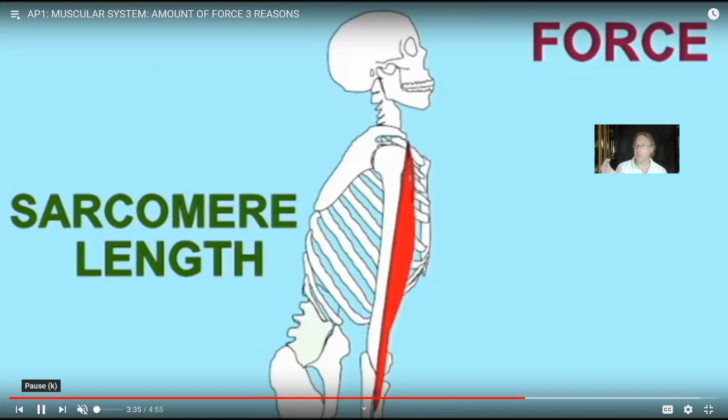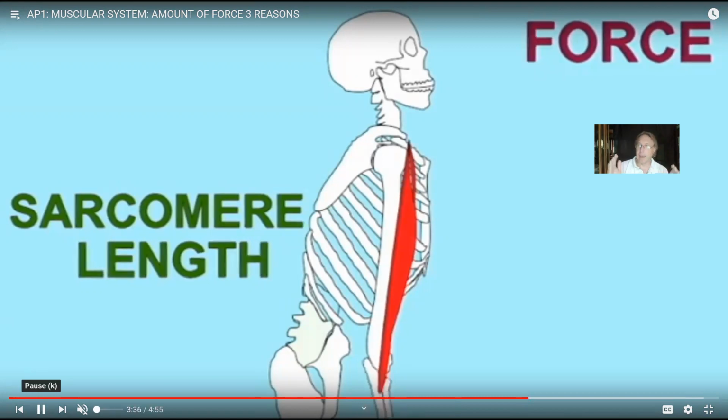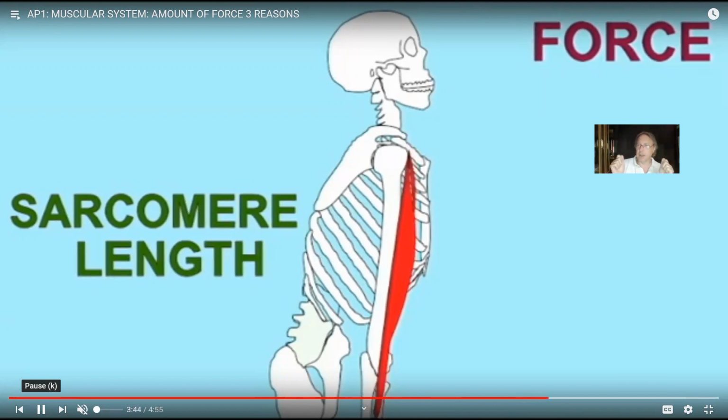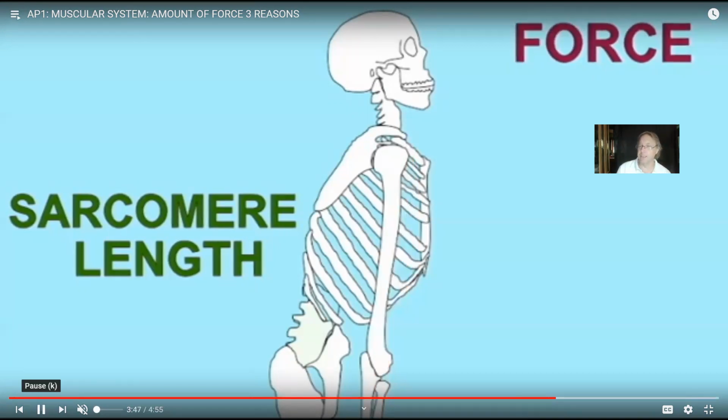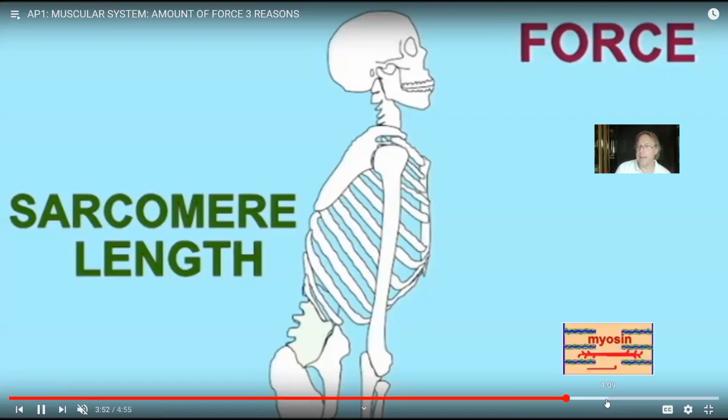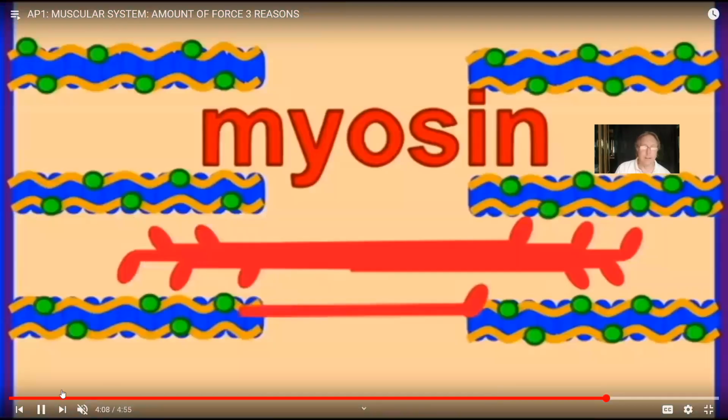Now, in the sarcomeres, myosin heads can contact actin. But if you make the sarcomere short, or if you stretch it to its longest, you're actually changing the number of myosin heads which can access the actin filaments, all right?